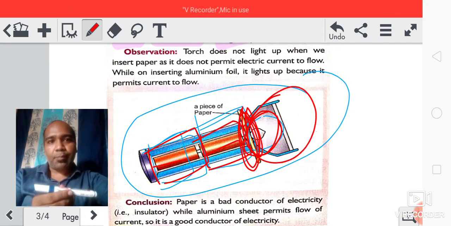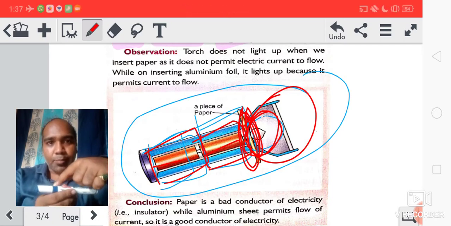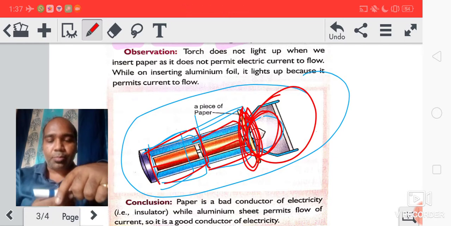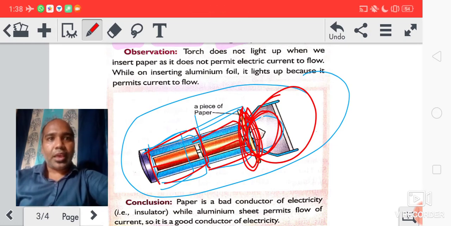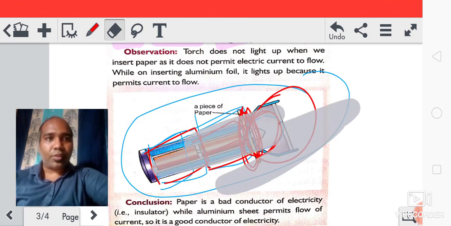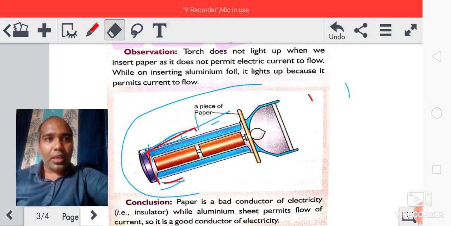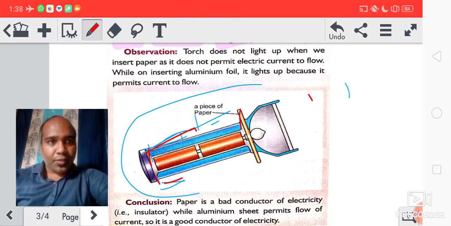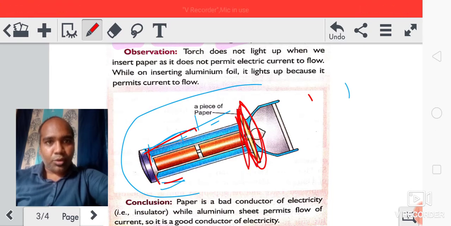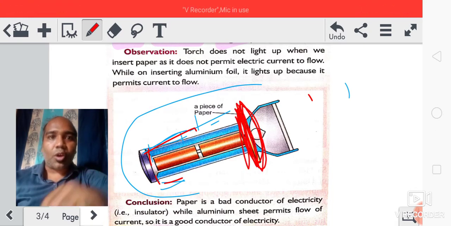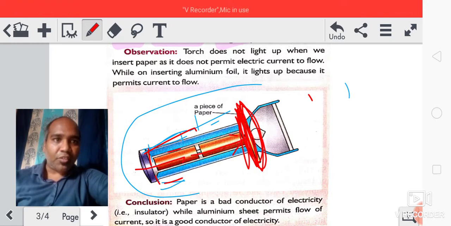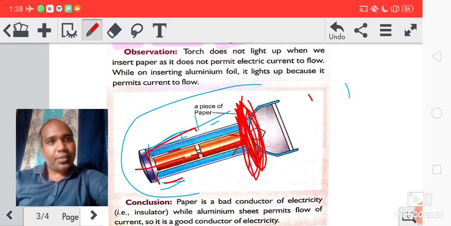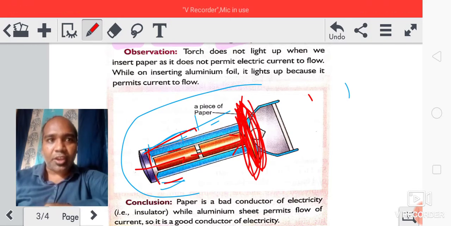But instead of paper, if you take any metal, copper sheet or aluminum sheet, and you fix it, what will happen? Here, in between, if you fix the aluminum sheet or copper sheet, from this battery to this battery, current will flow, because through aluminum and copper current can flow.